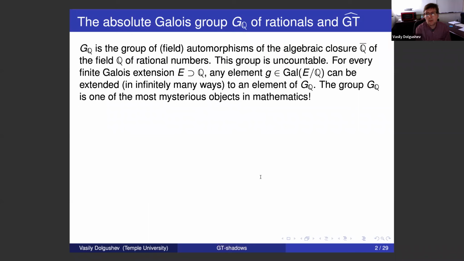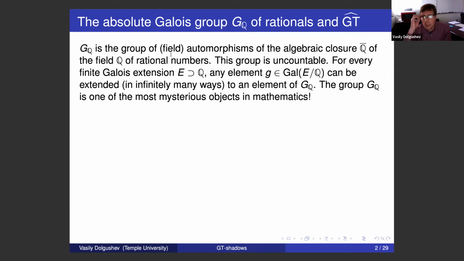So the motivation for this research is the absolute Galois group of the rational numbers, and as everybody knows, this is the group of field automorphisms of the algebraic closure of the field of rational numbers.